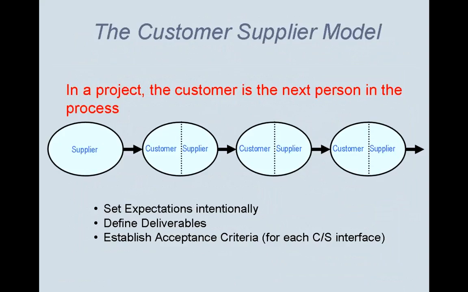What exactly will it take for you as the customer to accept this? We need to have this information up front before we begin to build, so that we're not producing something and handing it to a customer who in turn says, well, that's not what I asked for. So these three steps, internally and also at the end of the project, would make a big difference in terms of the quality of the deliverable, the functionality of the deliverable, and whether or not we're going to achieve success.